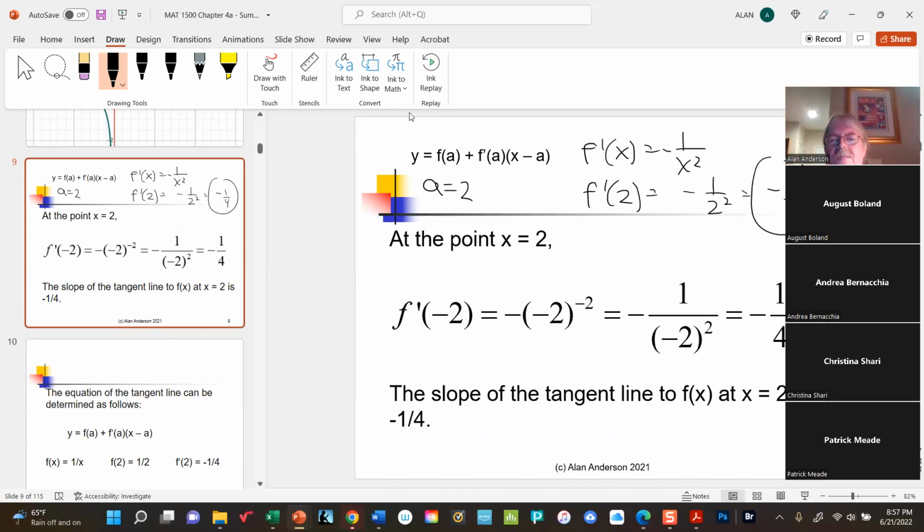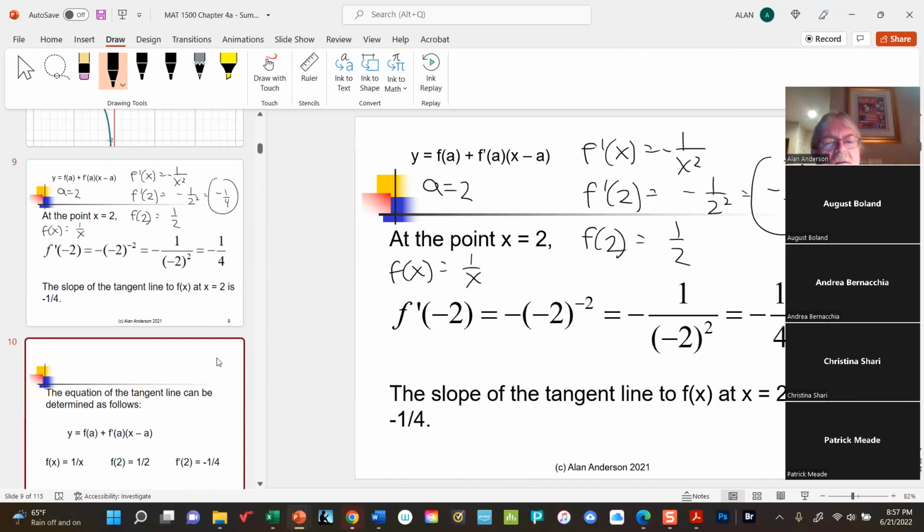Good. Now, we also eventually will need f of a. Remember, f of x is 1 over x, therefore f of 2 is equal to 1 over 2. Fine. So now we got all this information. Let's put it all together.